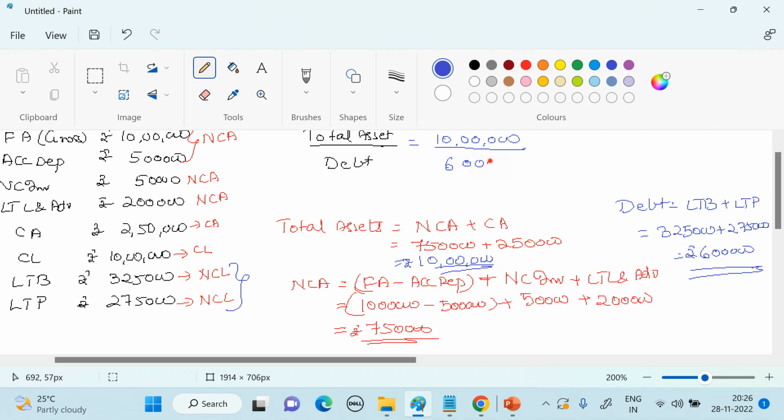So replace it here. 10 is to 6, or 5 is to 3, or further you can reduce it. It would be 5 divided by 3, which is 1.666. So it would be 1.67 is to 1. Always reduce it to the smallest form. Got it? Clear? Yes, ma'am.